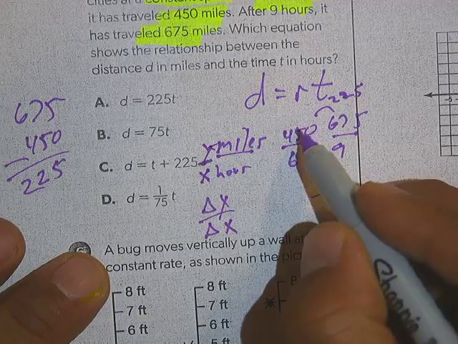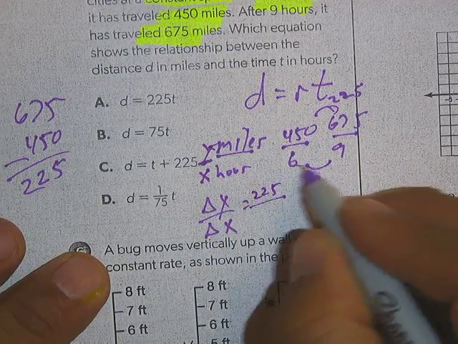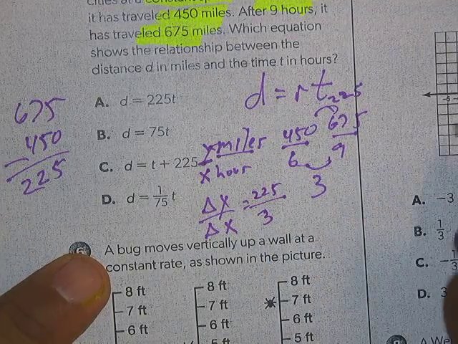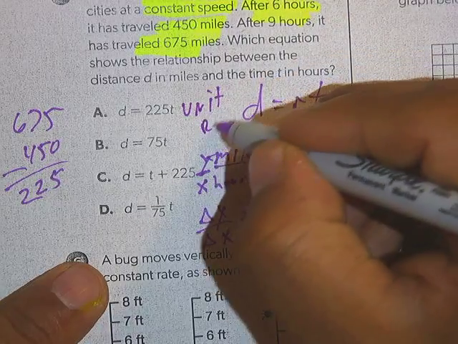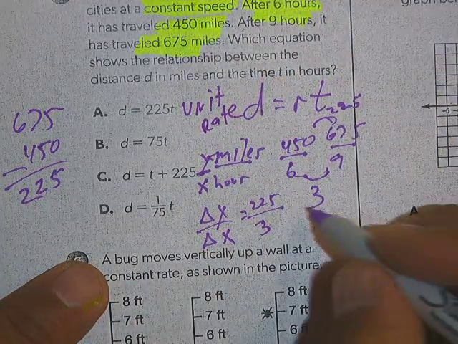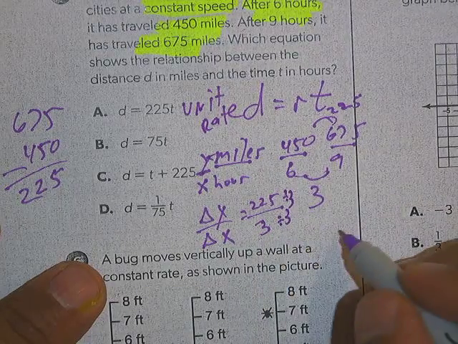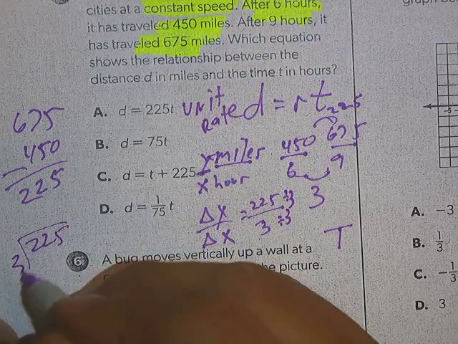And so now remember, this is the change in y over the change in x. Miles is your y value because that's the dependent. Time is your x value because it's the independent. So the y's changed by 225 and the x had a change of 3.